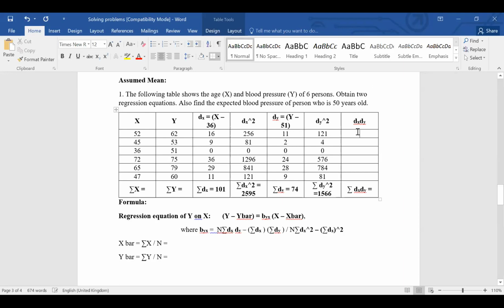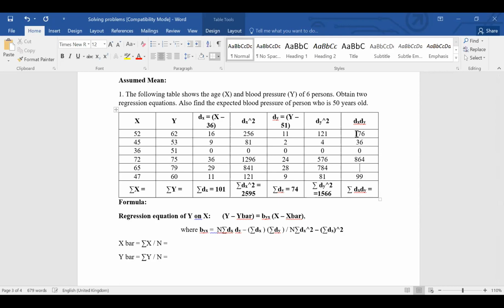Now we need to find dx dy. So take the dx value and then the dy value. 16 into 11, 176. 9 into 4, 36. 0 into 0, 0. 36 into 24, 864.